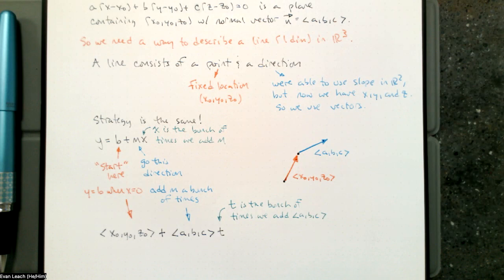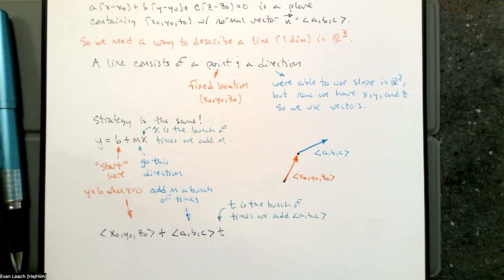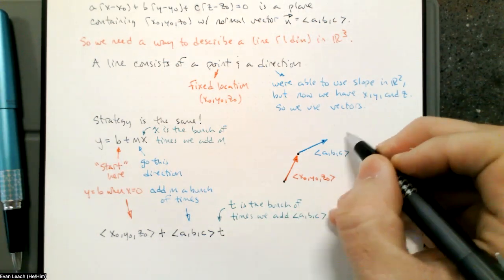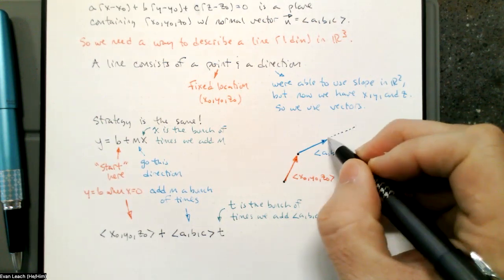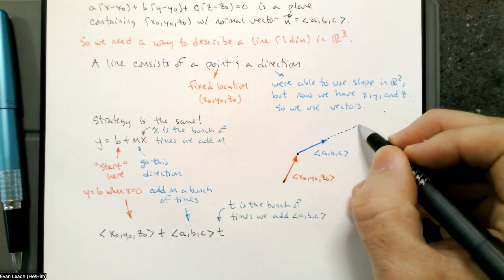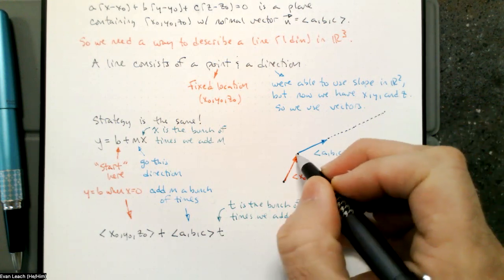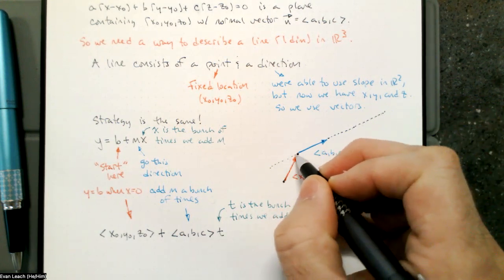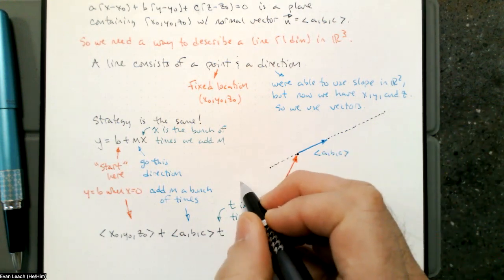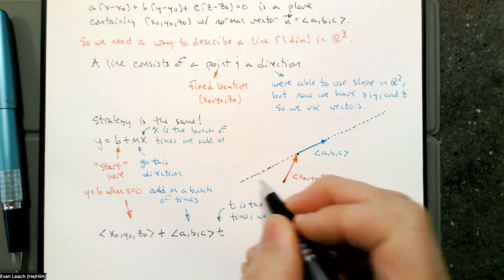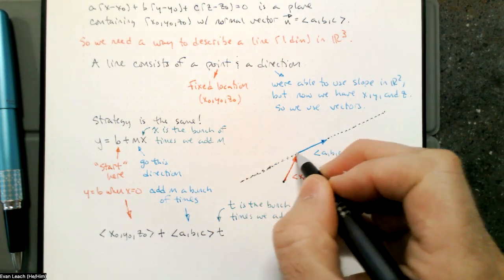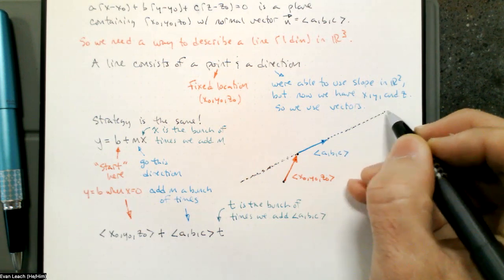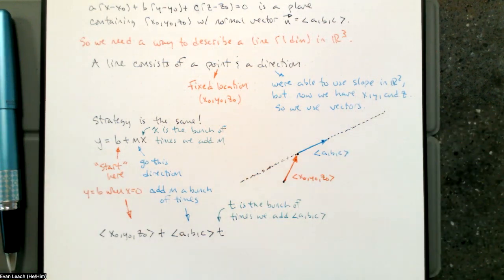We add the ABC twice, and then 3 times, and then -1 times, then -2 times, and so on. So we get this line.